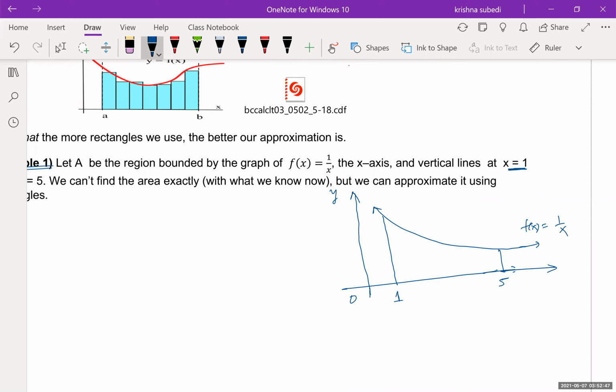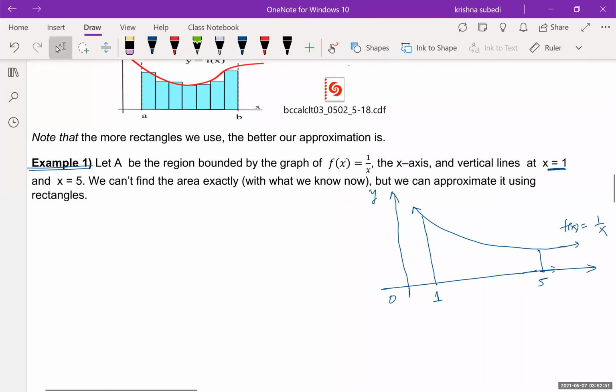Now we want to approximate the value. So how many rectangles do you want to divide this area into? It depends. Sometimes the question will tell you how many rectangles to suppose, but here it doesn't say anything.